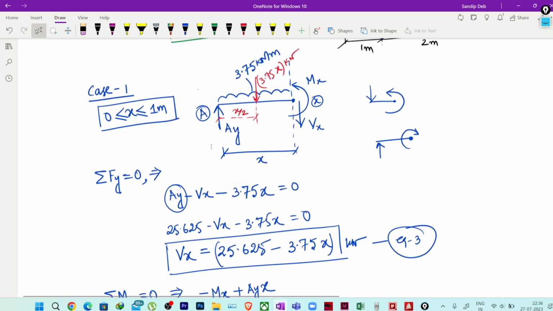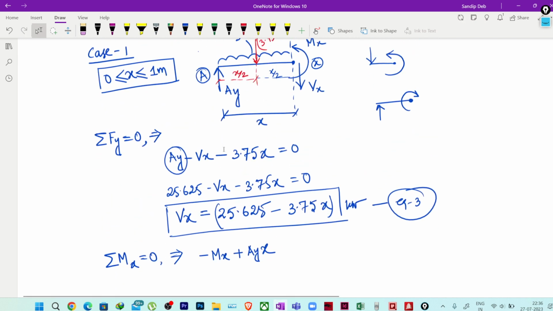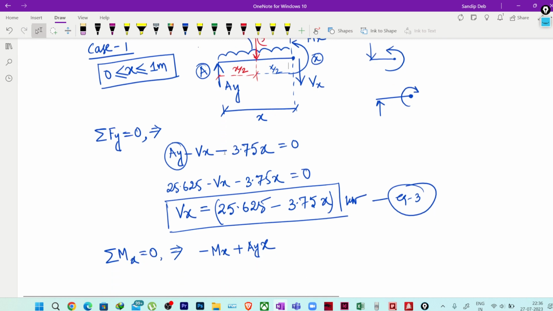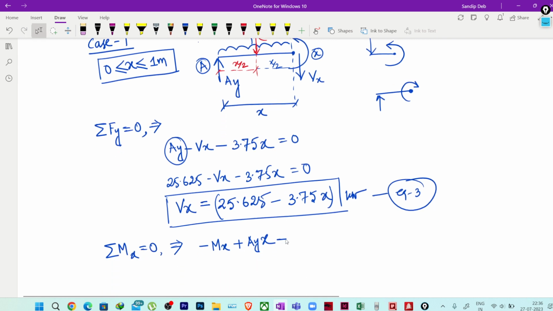Then we have this load at how much distance? Yeah, x by 2 distance. Obviously this is also x by 2, correct? So now this will create again an anti-clockwise moment at this point. So it will be minus, what is the load? Load is 3.75 into x, and that load will be acting at x by 2 distance.